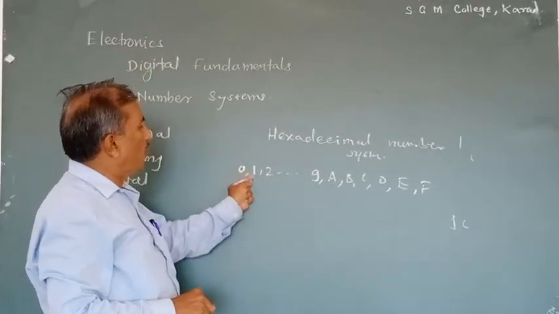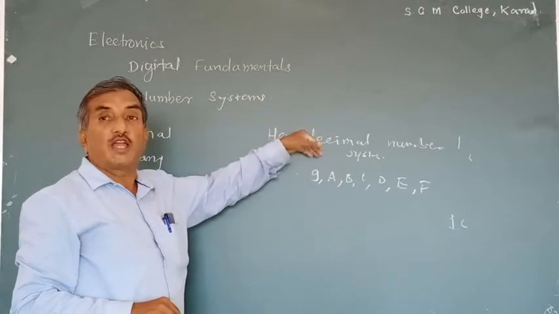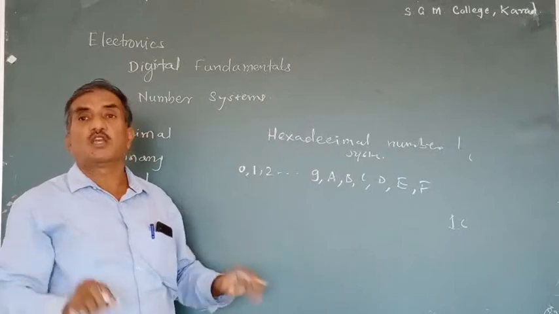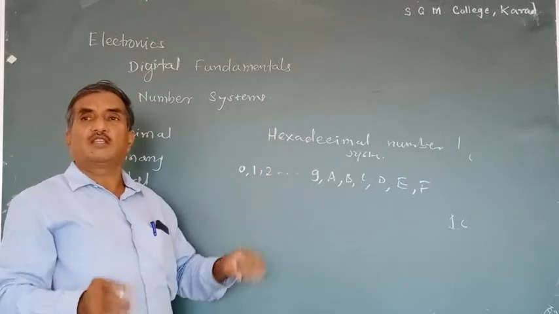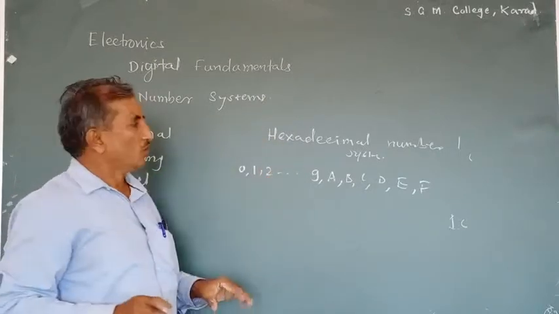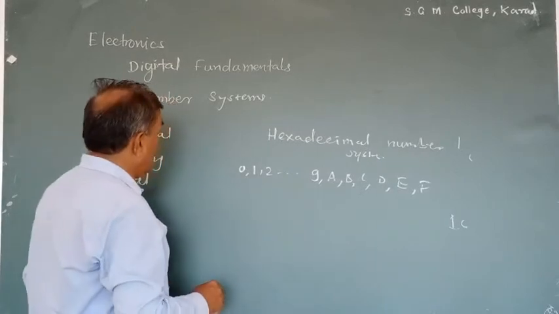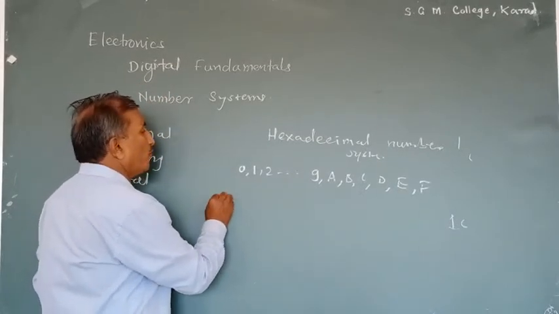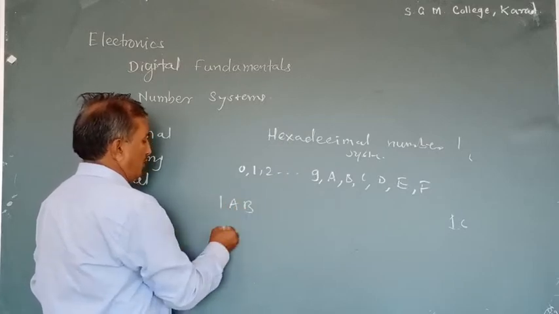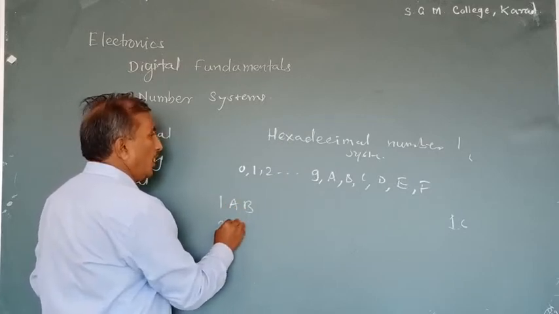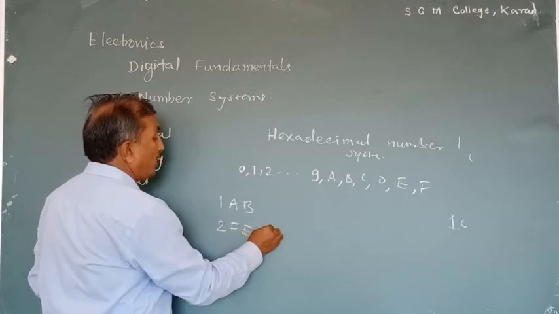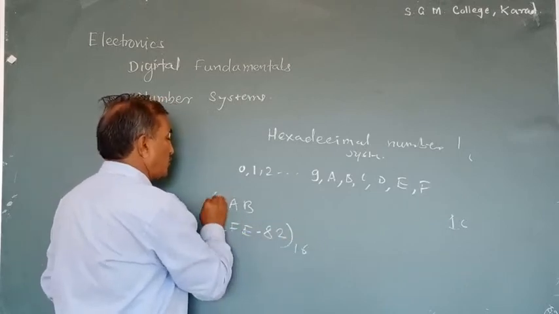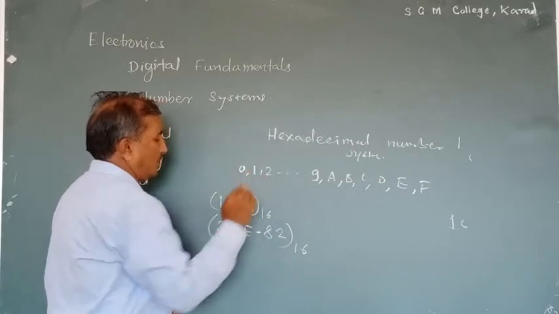We start with 0, 1, 2, 3, 4 up to 9, then A, B, C, D up to F. Every symbol has a proper meaning also. So its base is 16, and examples of hexadecimal numbers are 1AB, 2FE, 0.82. If the subscript 16 is used, it is for the hexadecimal number system.